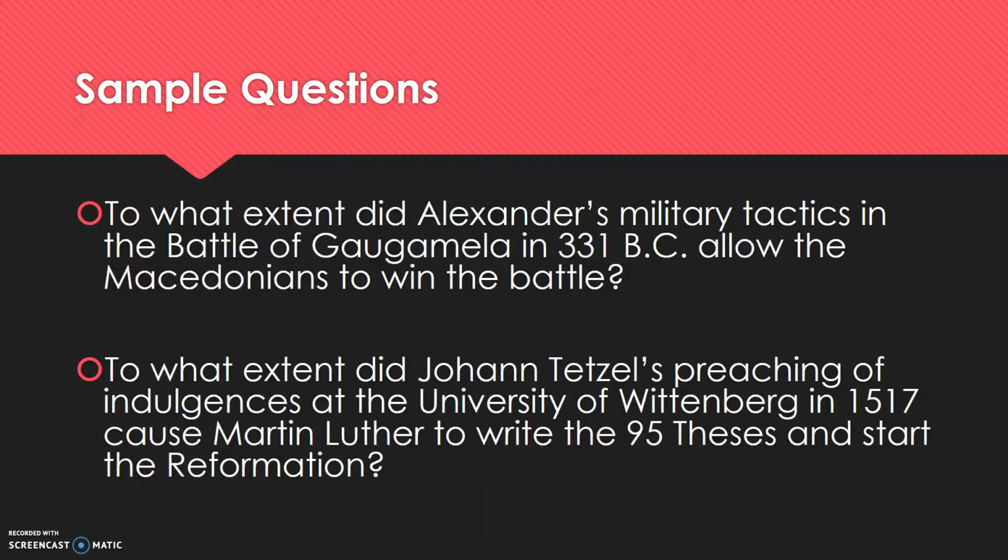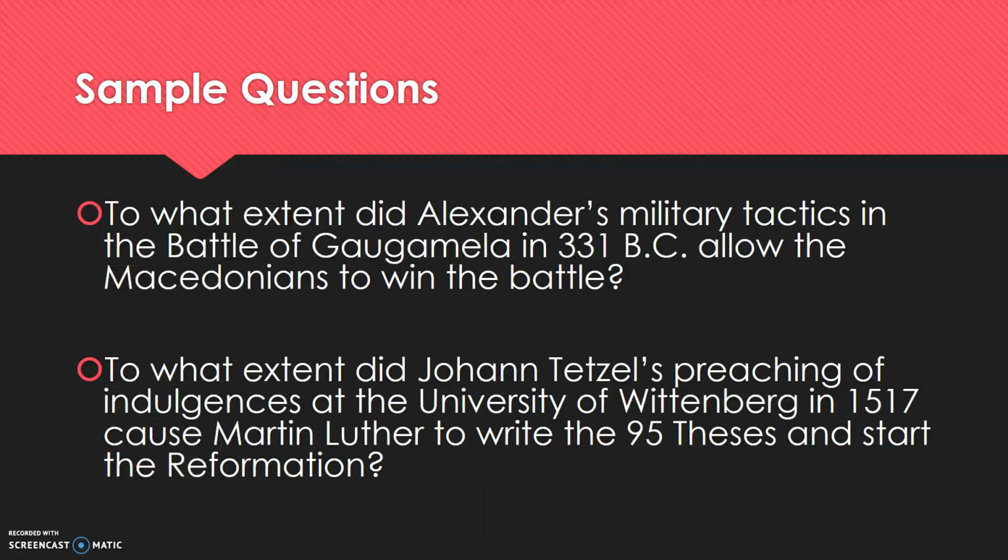The second question has to do with the Protestant Reformation. To what extent did Johann Tetzel's preaching of indulgences at the University of Wittenberg in 1517 cause Martin Luther to write the 95 Theses and start the Reformation? This is a question where the student, it happened to be Michael Gomez, was really interested in why Martin Luther started the Reformation.